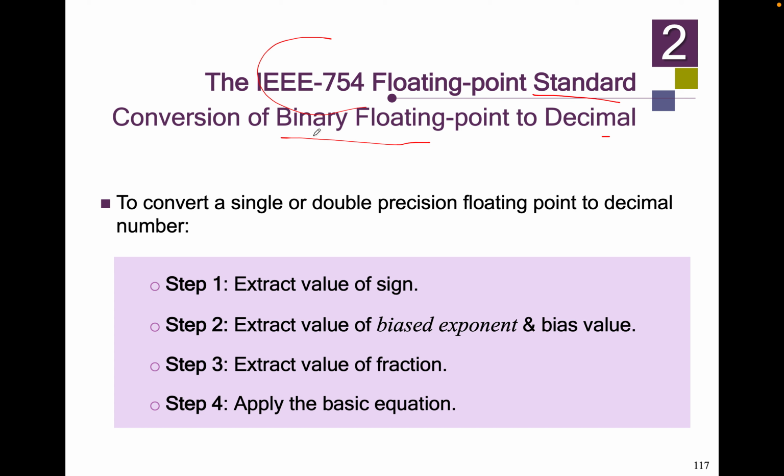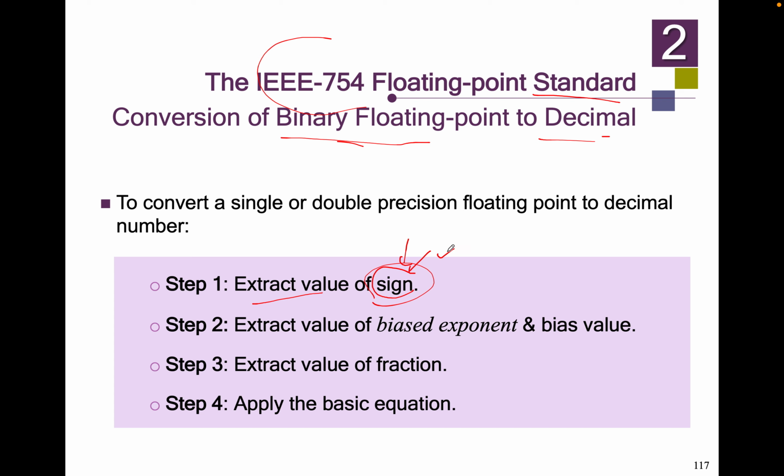So for binary to decimal floating point, step one, you're going to extract the value of sign. First, you look into sign, and sign is very easy.